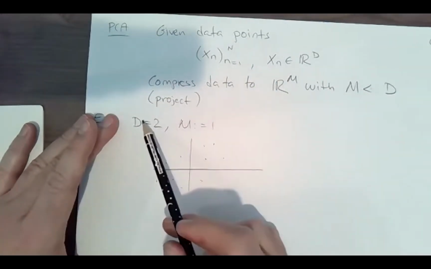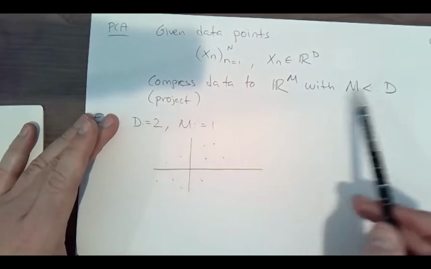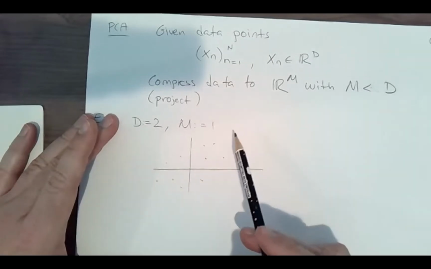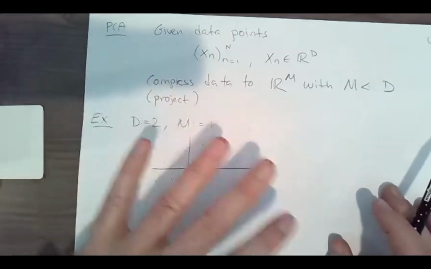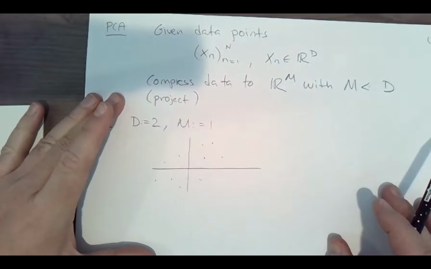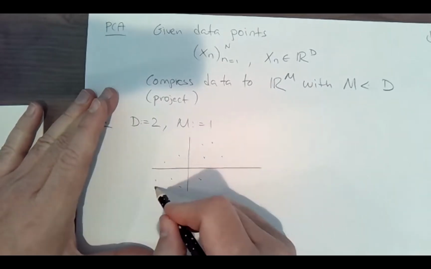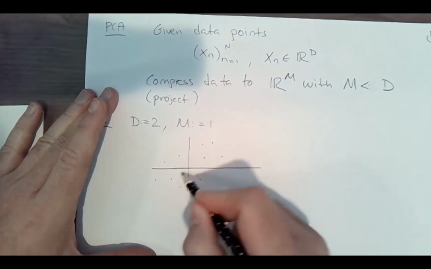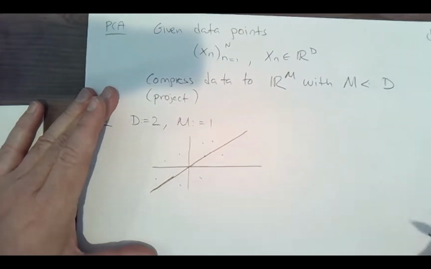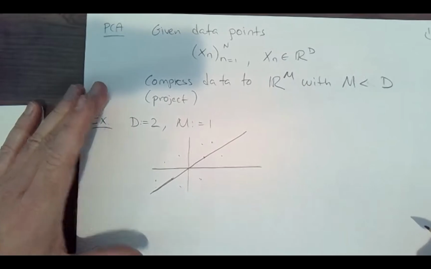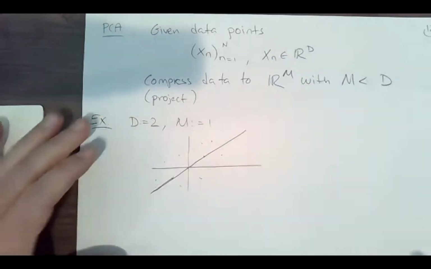If you want to project into a space of a smaller size, a one-dimensional space, then instead of having a plane, we project onto a line. So we'll try to find a line in here. This is my smaller space. Where do we want to put the line?